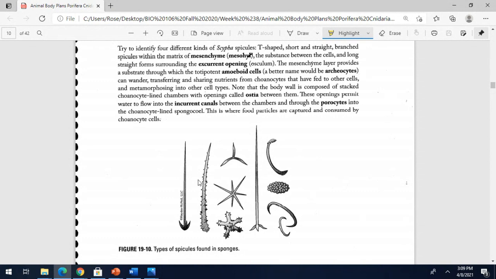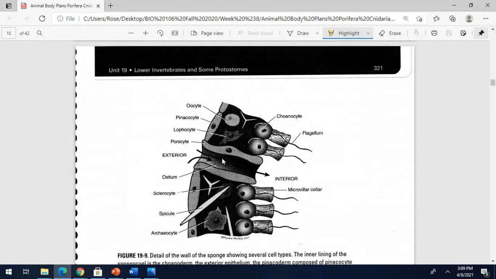Here is a bigger, more detailed version, with pinacocytes again. An oocyte is the special cell that makes the egg. The spicule is made by a sclerocyte. You don't need to know so much detail on this.